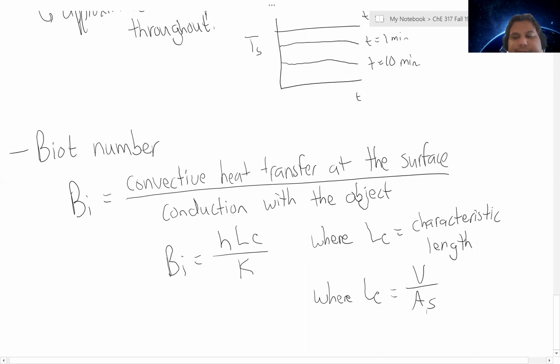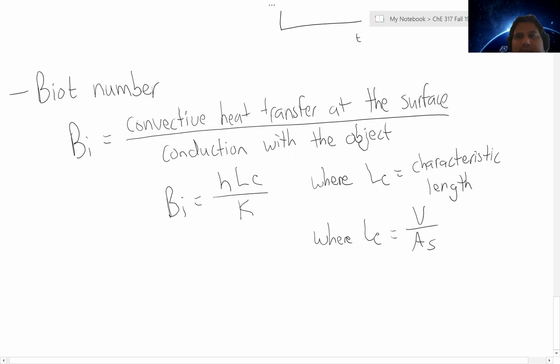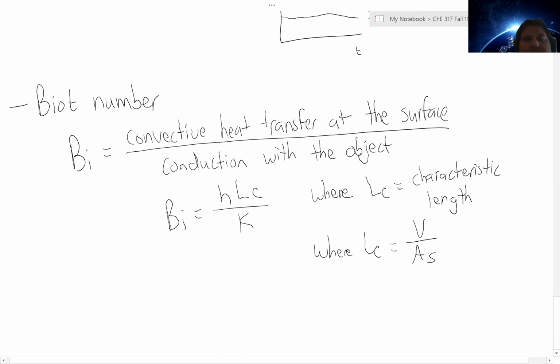So we can use this Biot number to identify when lumped system analysis can apply.